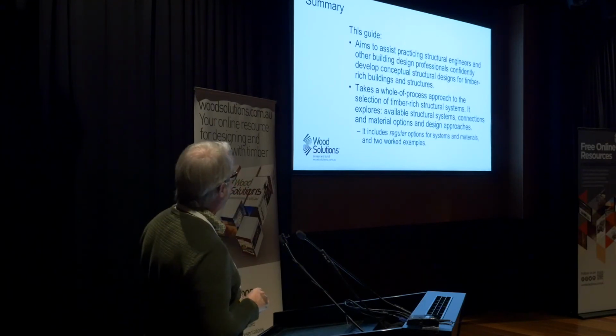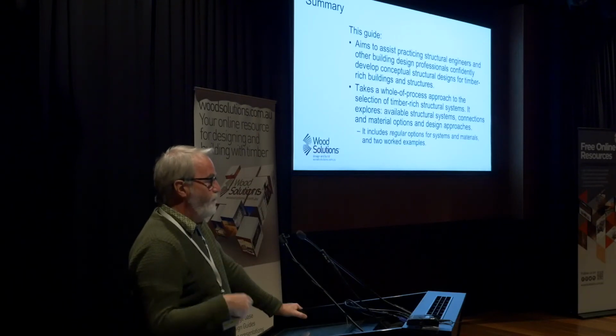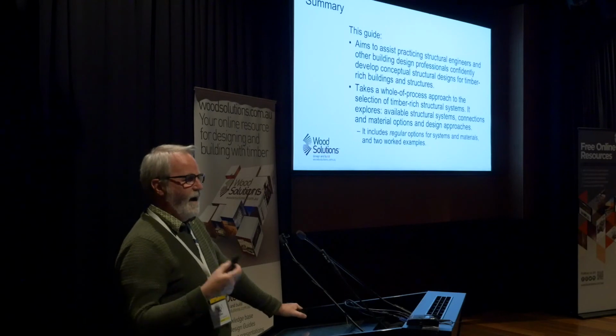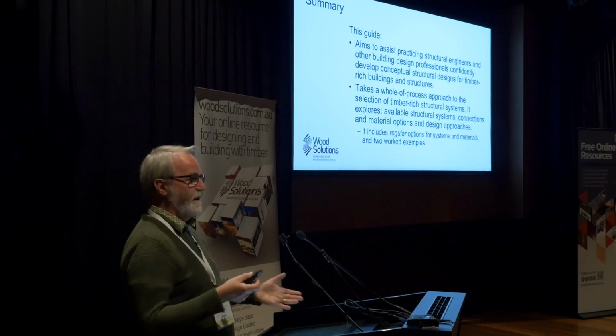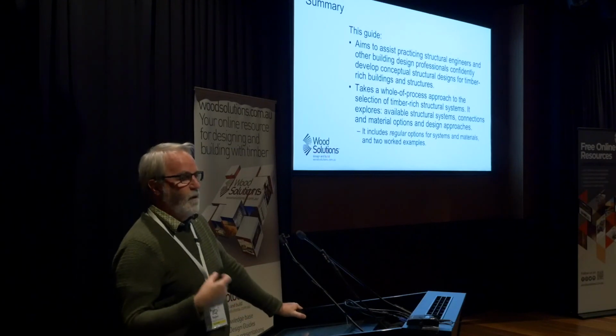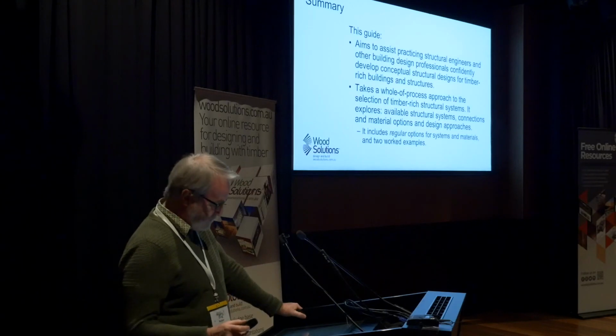Okay, so in summary, the guide aims to provide practising structural engineers and others some greater confidence in developing timber-rich solutions for buildings and structures, by hopefully taking away a whole lot of the unknowns about how I can actually get this thing to connect up to that other thing, what sort of products I have, and what sort of standards are governing the manufacture and performance of those products.